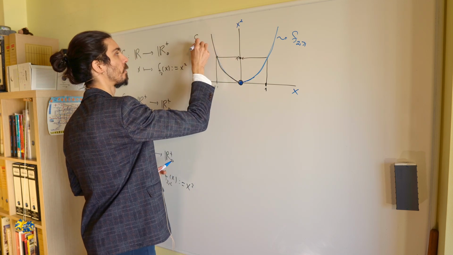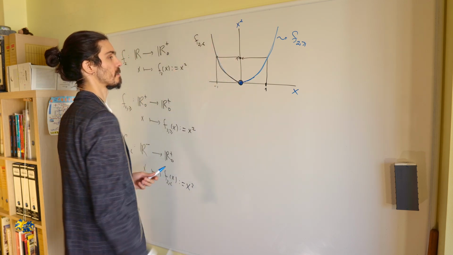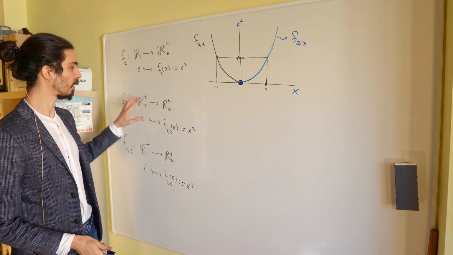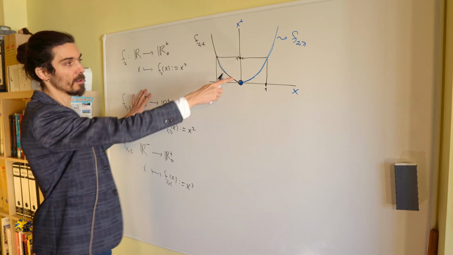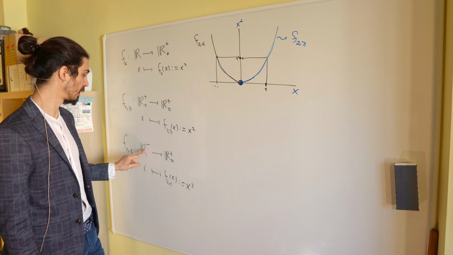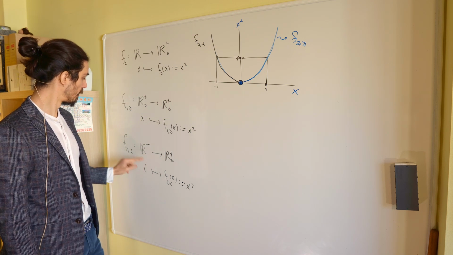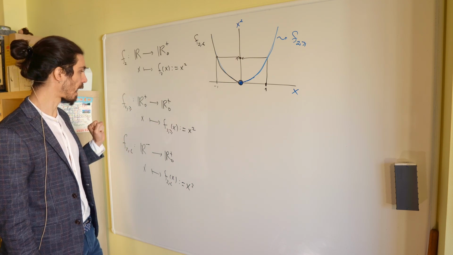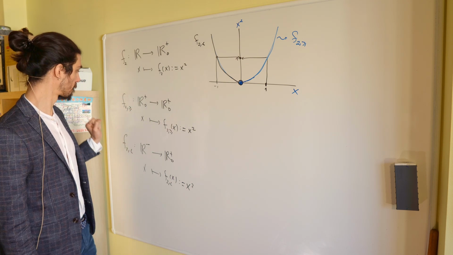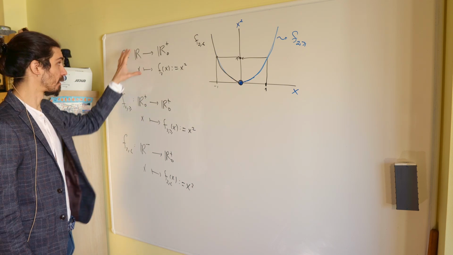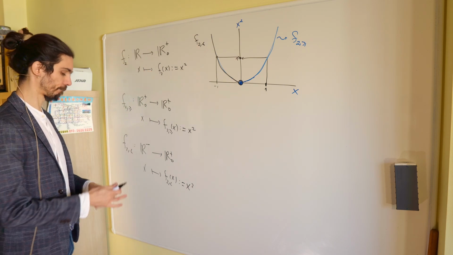So this is f_2 less or equal. The fact that the 0 is included on the right function is just a matter of convention. I could also have put it here. So these two functions are bijective, okay? Everything is fine, and so they have inverses, while the original one does not.